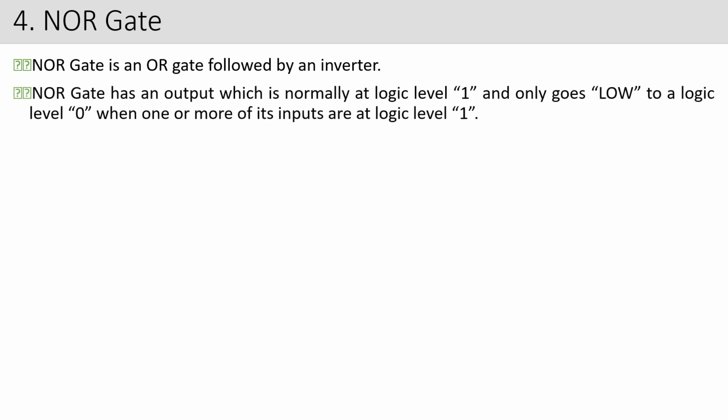Now the NOR gate has an output which is normally at logic level 1 and goes low to logic level 0 when one or more of its inputs are at logic level 1. You will have to keep this in mind.